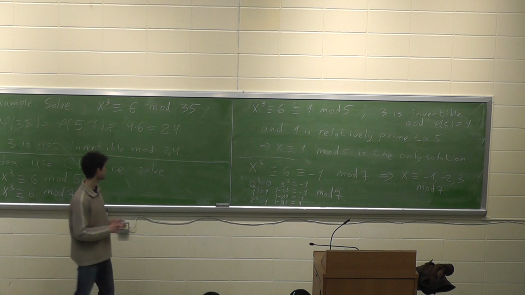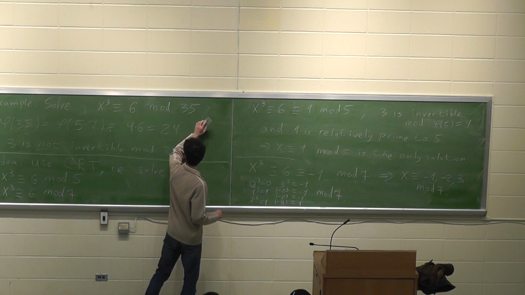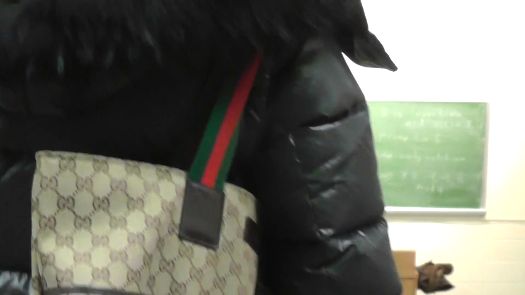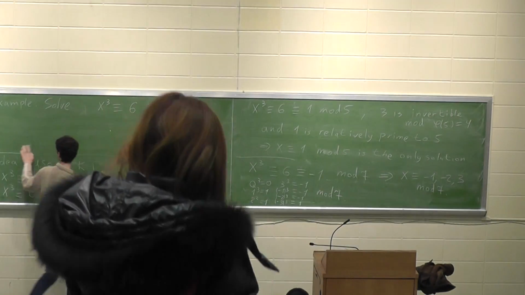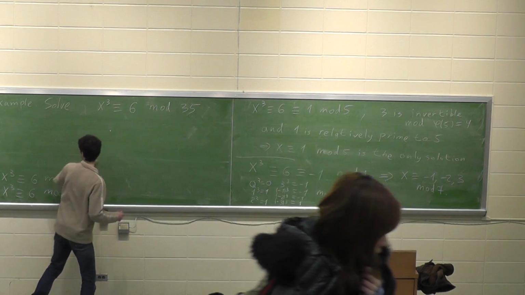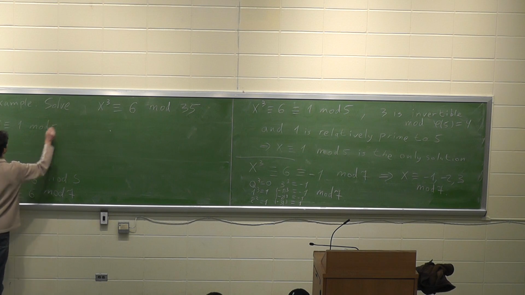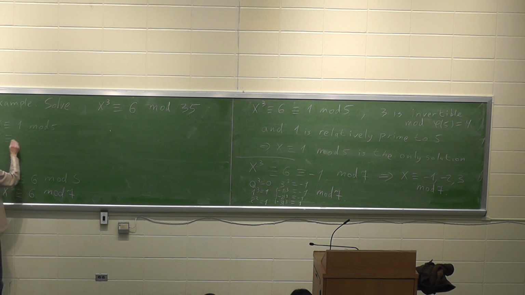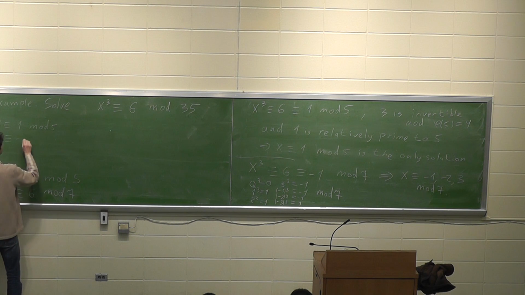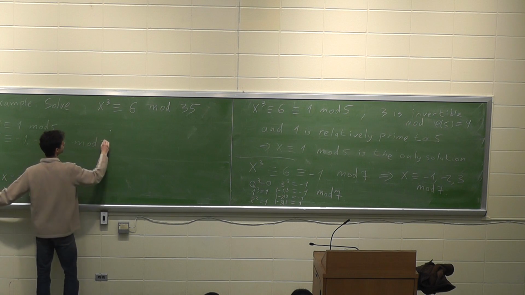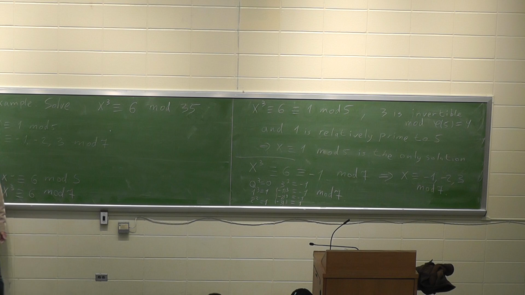So now we have to decide what is x modulo 35. So once again, x is congruent to 1 modulo 5, x is congruent to -1, -2, 3 modulo 7. And the question is, what is x modulo 35?